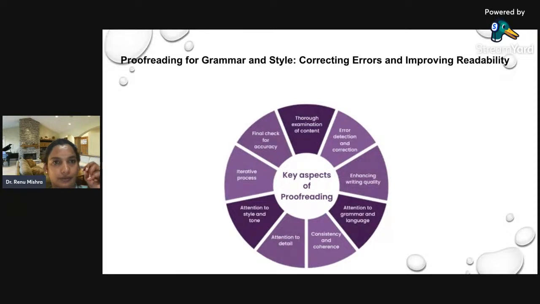The right tone. Now, why the tone, the person in which your language is used? Research methodology is never ever written in first person. Proofreading does wonders here.